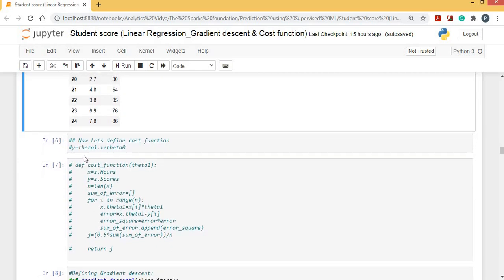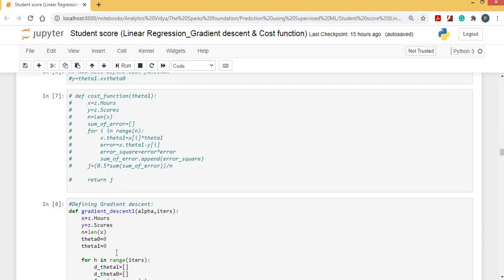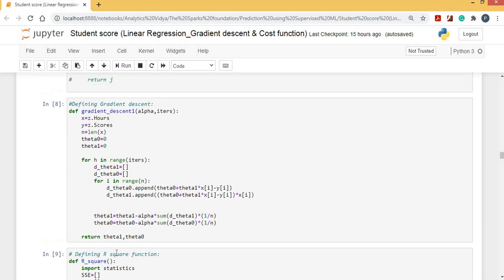So I have skipped the cost function over here, but if you download this file from the GitHub and remove this comment, then you can also run this and you can find the value of the gradient descent, the cost function. So as I explained above, I have defined a function gradient descent wherein the input will be alpha and the number of iterations.